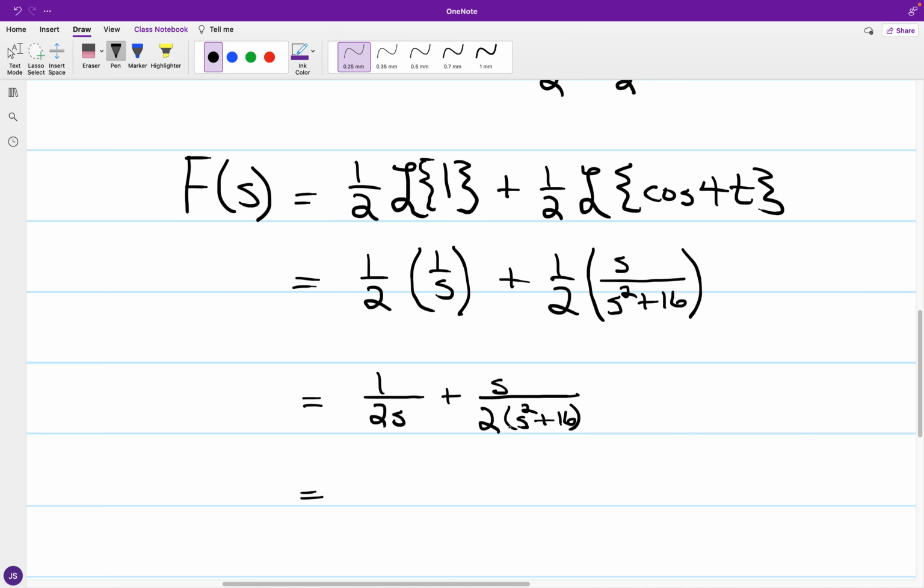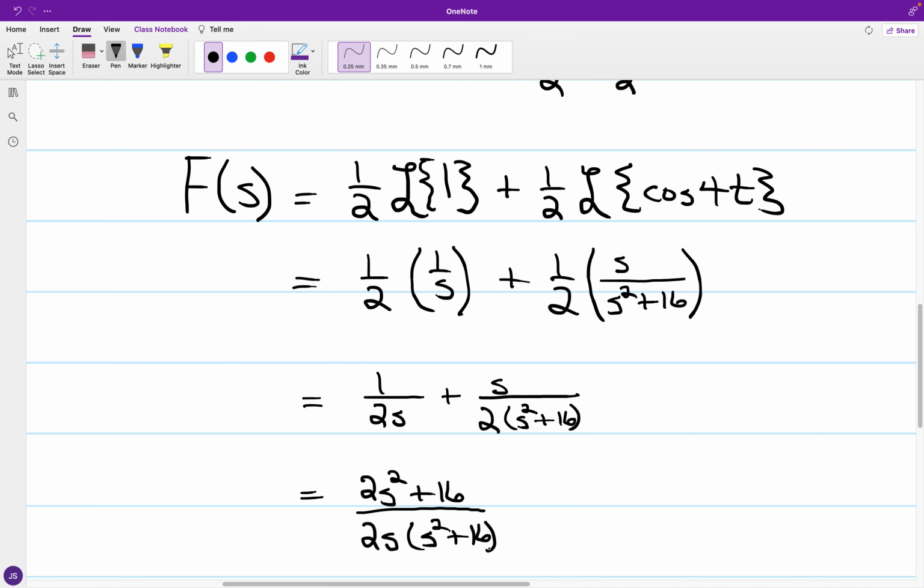So we're going to have s squared plus 16 plus s squared. Once we consolidate, we're going to have 2s squared plus 16 all over 2s times the quantity of s squared plus 16.